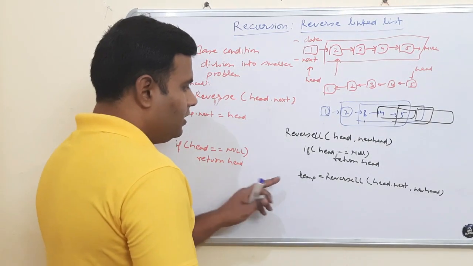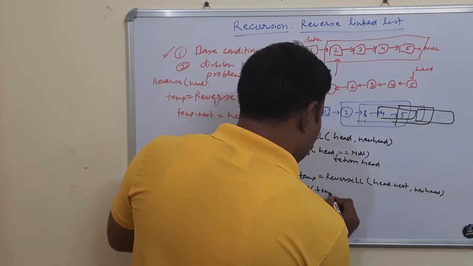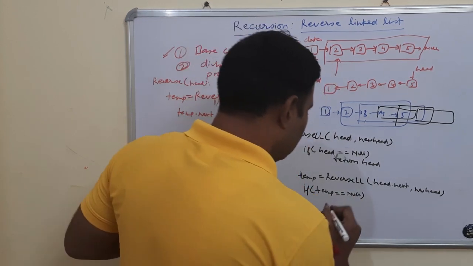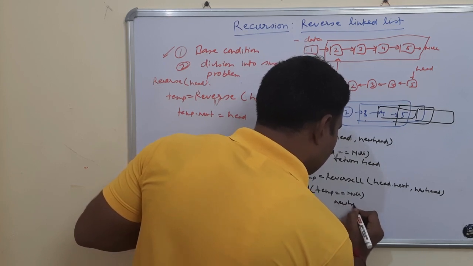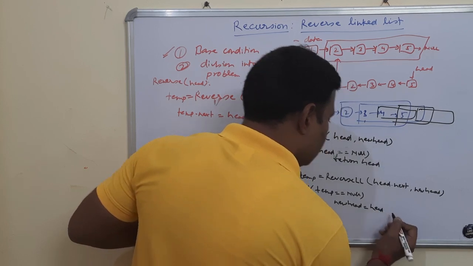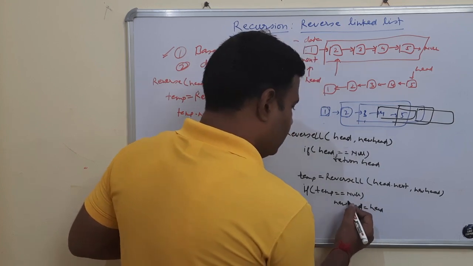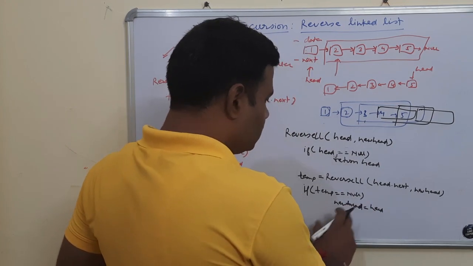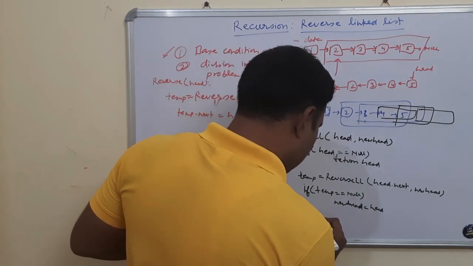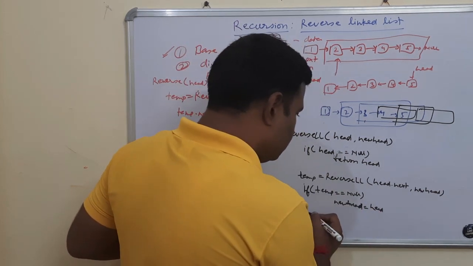Now here you have to check if temp equal to null, then your new head becomes this head, because it is the current pointer. Otherwise, new head will remain as it is.